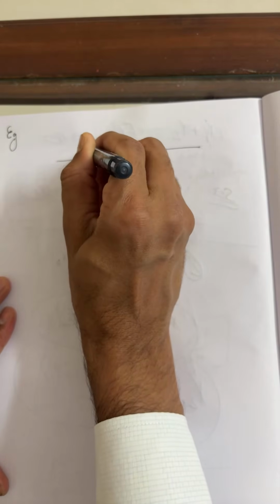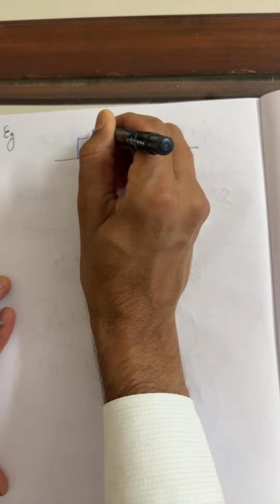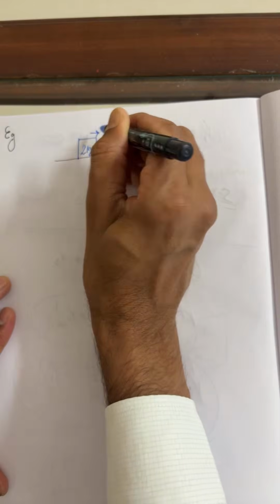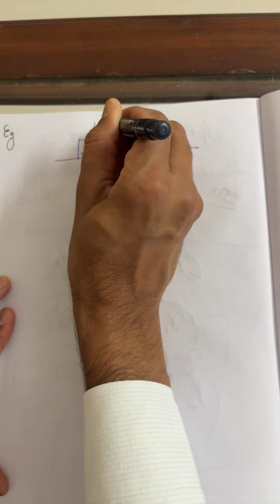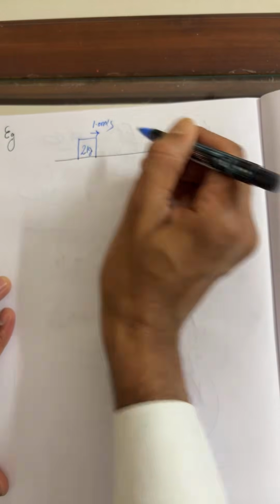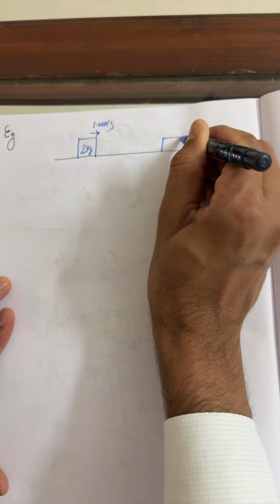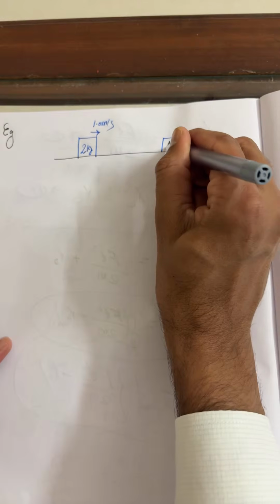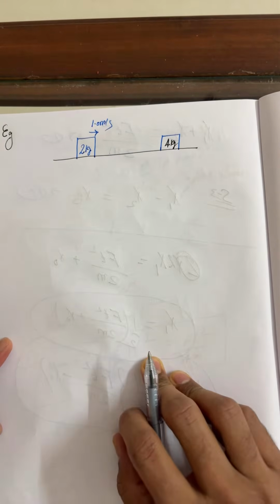You can take the mass of one block equal to 2 kilogram, in motion here. You can take any data here, the velocity is 1 meter per second. This is 2 kilogram. This is 4 kilogram, my dear.